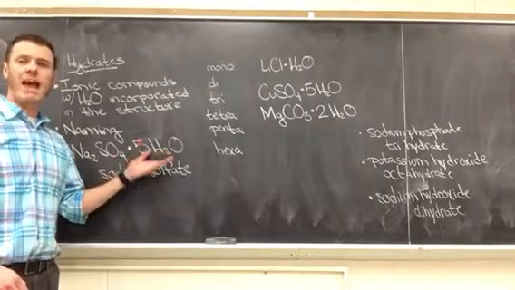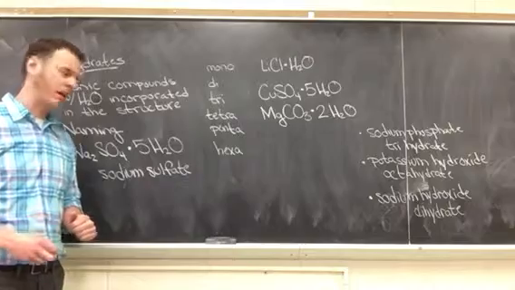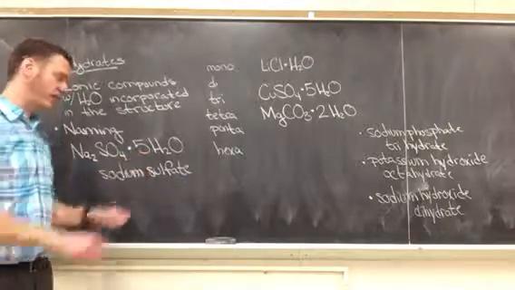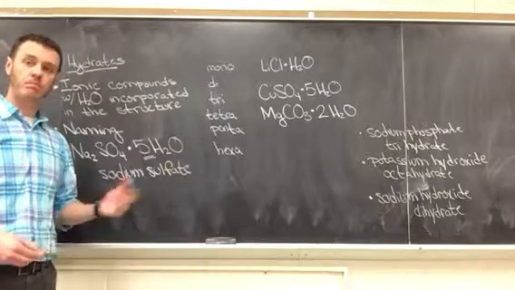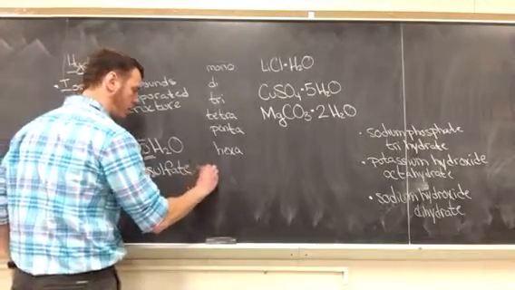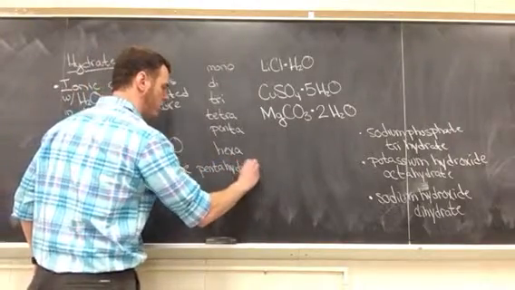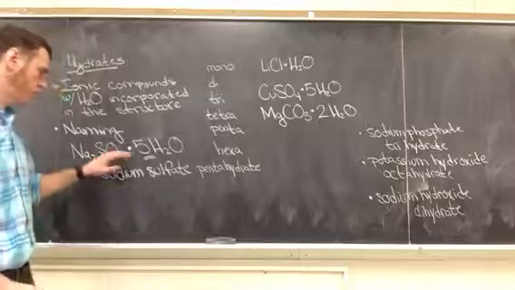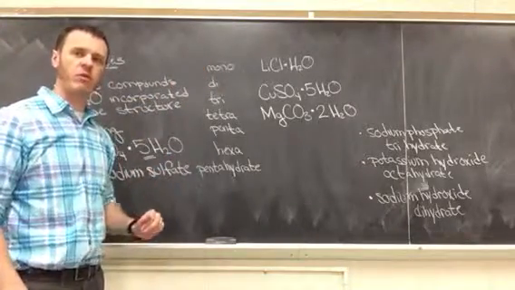When we add the hydrate, we use prefixes that we use when we talk about covalent compounds. So in this particular case, we have 5 waters incorporated into this structure. Therefore, this is sodium sulfate pentahydrate. Sodium sulfate pentahydrate.